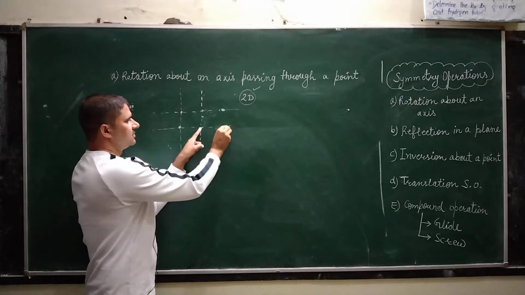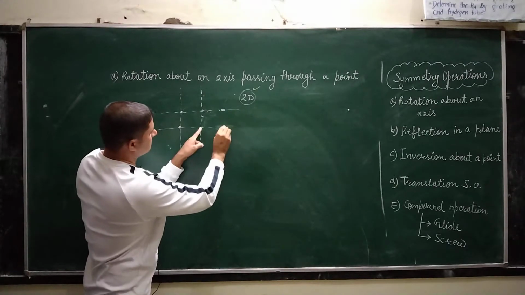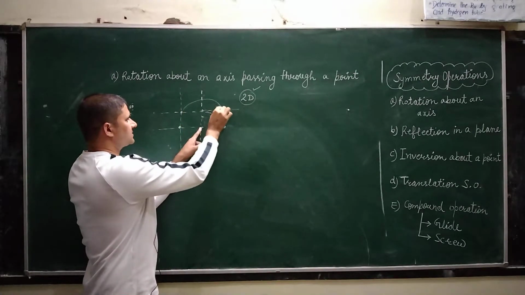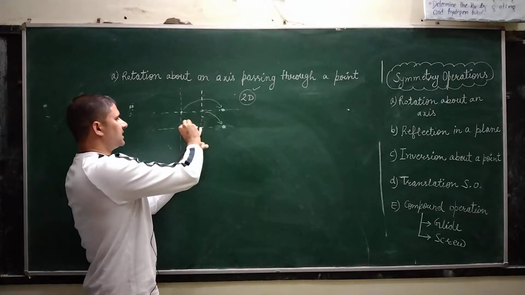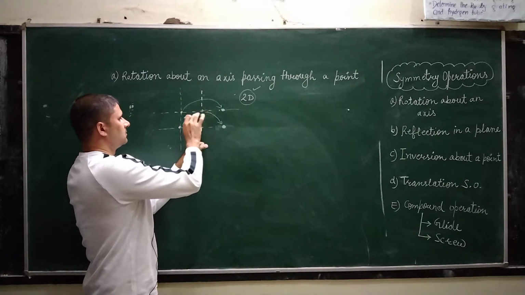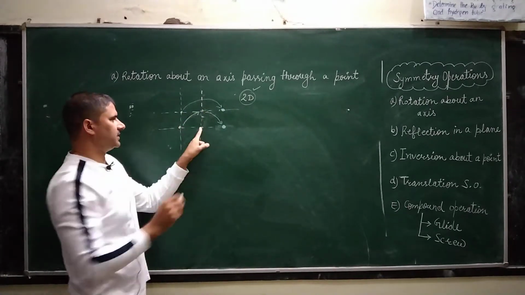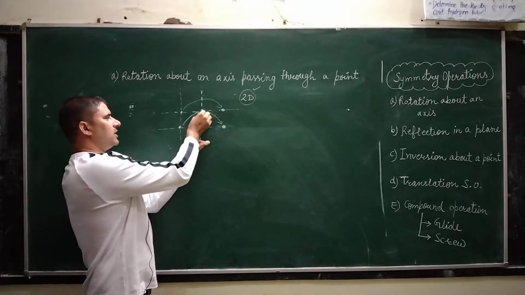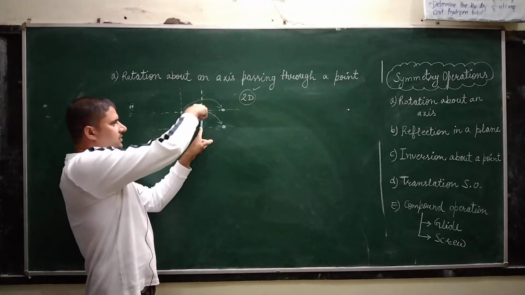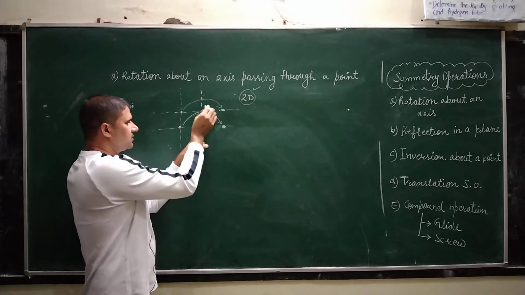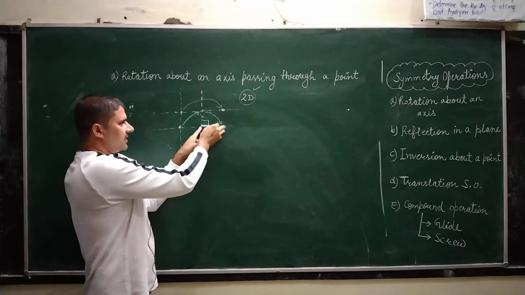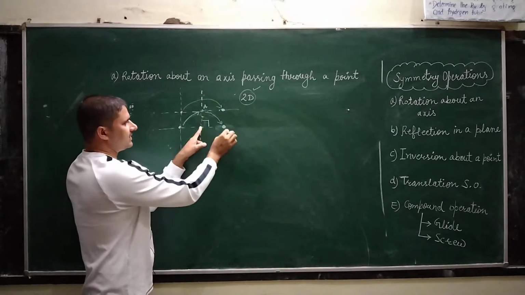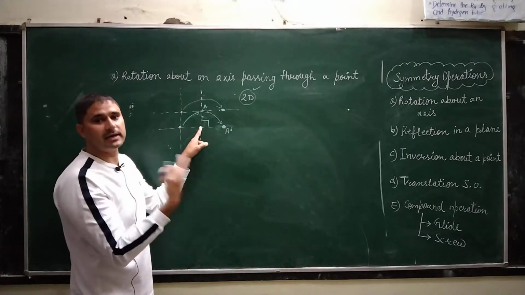Okay class, now see, this particle has come here and this particle has come here, and this particle will go there. This particle will go there. Now see, before rotation, this particle was at a distance A, and after a rotation of 90 degree, this particle is again at a distance of A, and this particle, let it be A, has now come at the place of A dash.